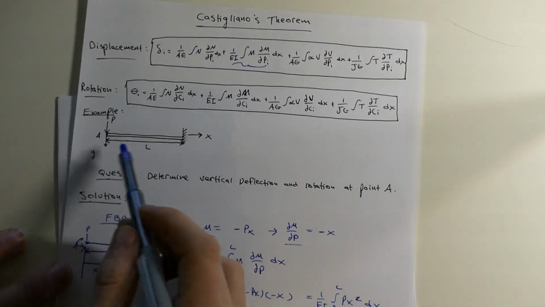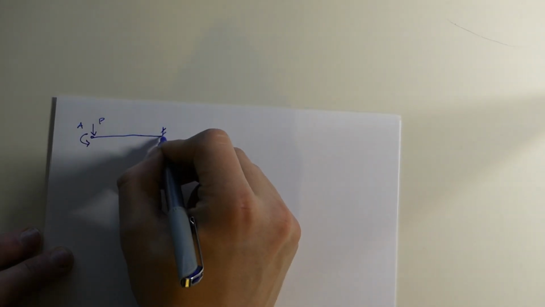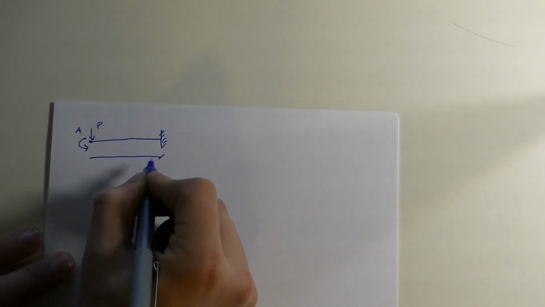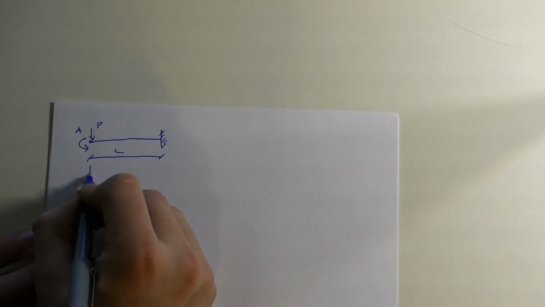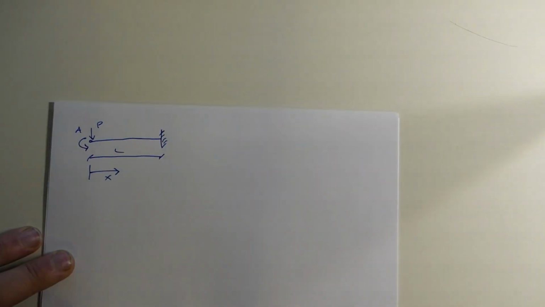we're going to do the rotation at A. I'm going to use the same thing, and you use this formula here, rotation. So basically, we're looking for the rotation at A with this point load, and that's A. And this length is L, and it's going to be a function of x.